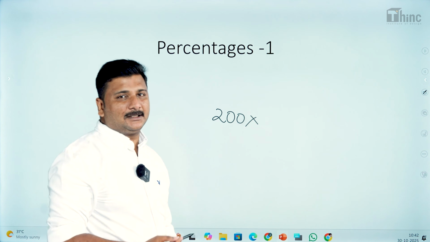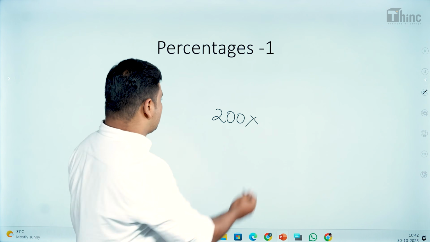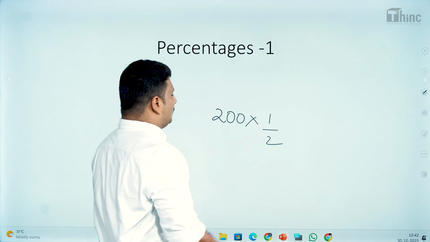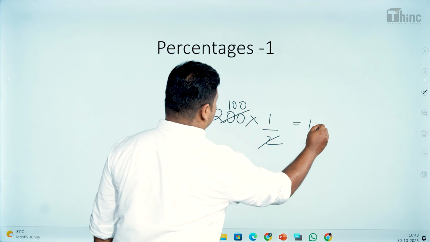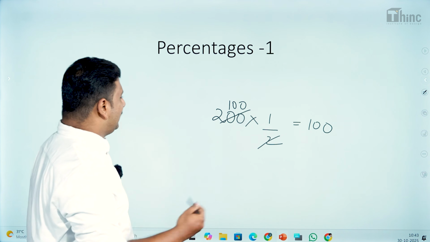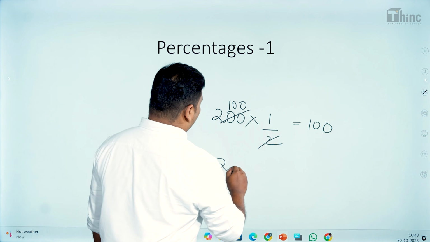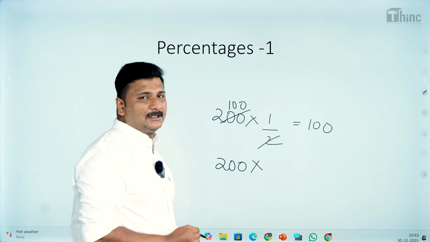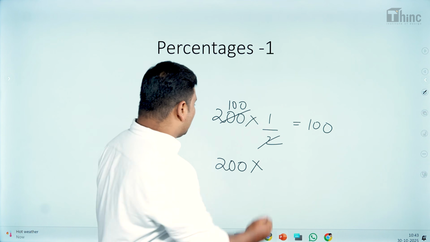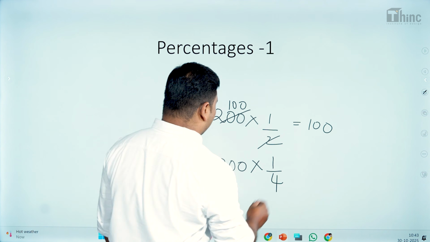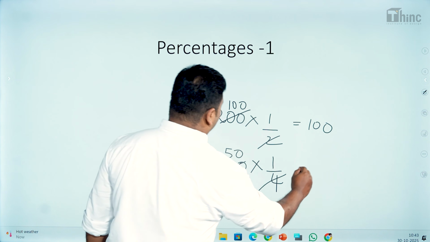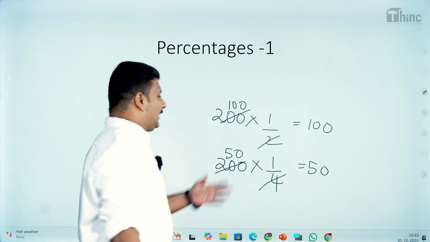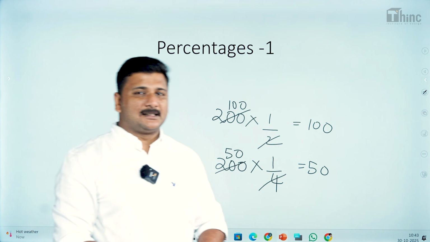But instead of 50 by 100, we can use the corresponding fraction, which is 1 by 2. So we can cancel these two, and we'll get 100 as the correct answer. Now, suppose we need 25% of 200, there is no need of multiplying it with 25 by 100. We can directly use the fraction 1 by 4. So 200 into 1 by 4, which is nothing but 50, right? These fractions will help us find the percentages really fast.